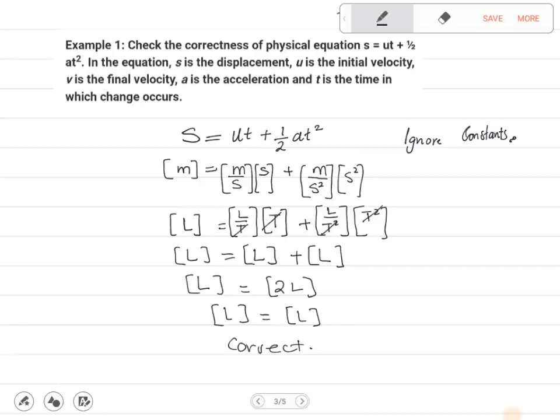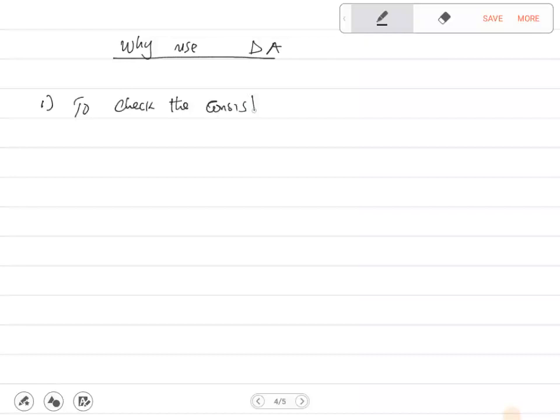All right. So the other part is, why use dimension analysis? The first reason is to check the consistency of a dimensional equation.